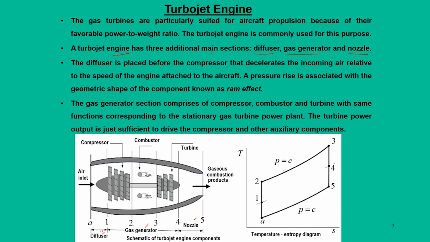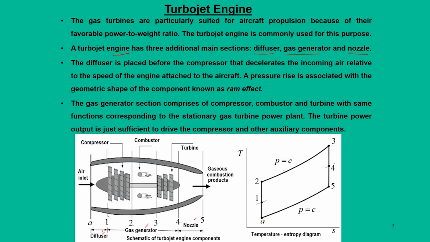What does it do? It increases the pressure at the cost of velocity. The initial velocity is high, and it drops to ideally 0 velocity. So, when it enters the compressor, the air velocity is relatively close to 0, and in the compressor the pressure shoots up. The 1-2 process we call the compression process.